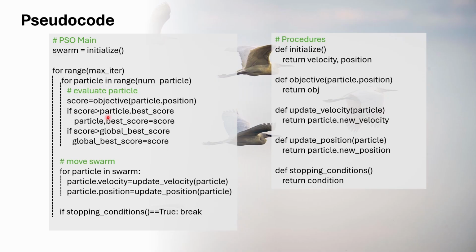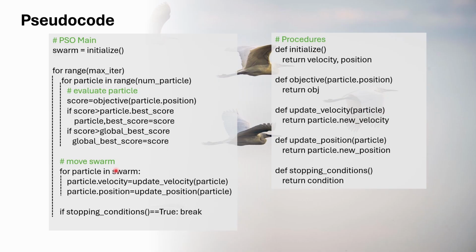We're going to determine if we need to update that particle best. Is this the best location that particular particle has seen so far? And keep track of if we need to update the global best as well. Once we've done this bookkeeping, then it's a matter of moving each particle in the swarm.